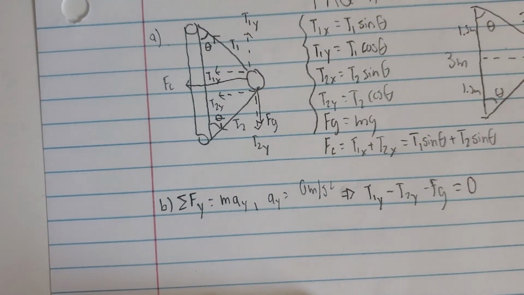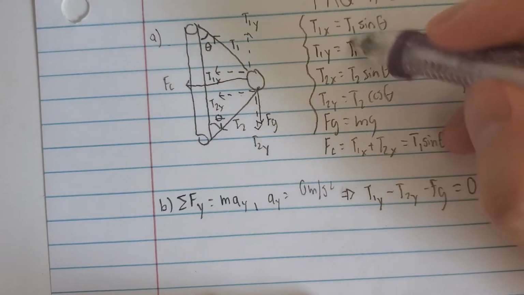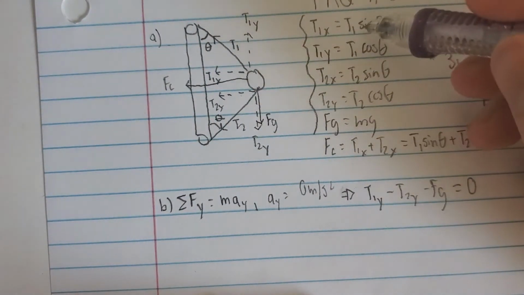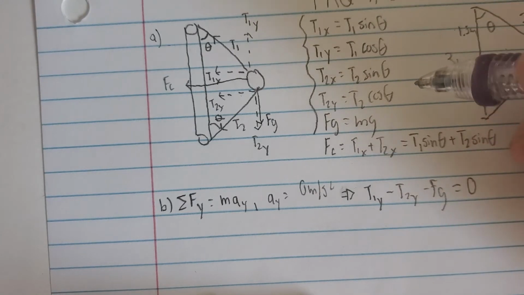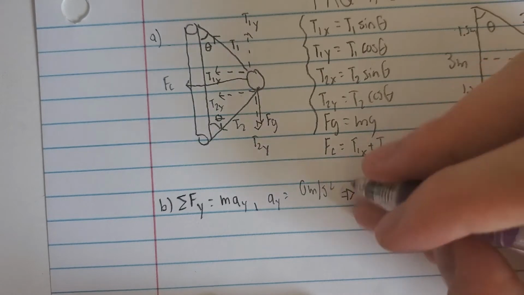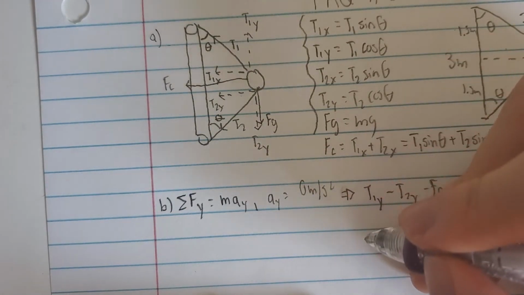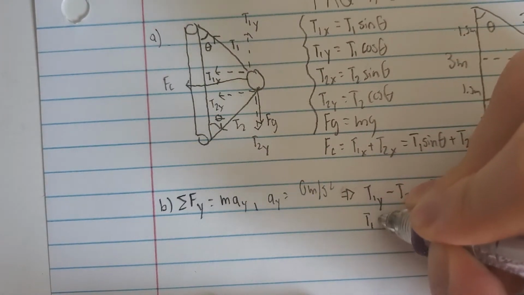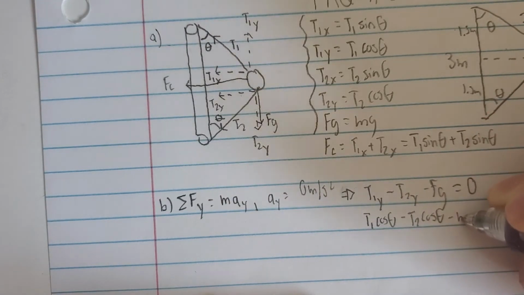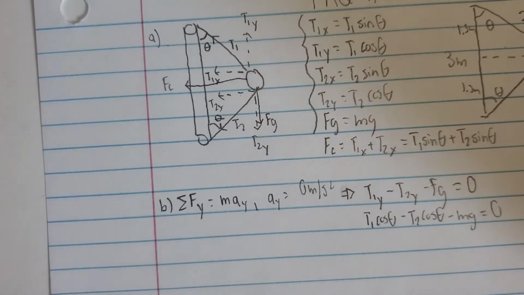Now I'm going to plug in the forces I defined in terms of theta, T1, T2, and mg. So T1y is T1 cosine of theta, T2y is T2 cosine of theta, Fg is mg, and this side is 0.